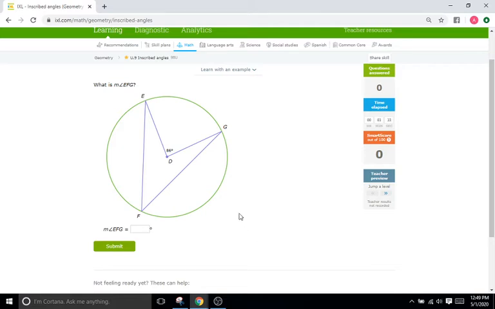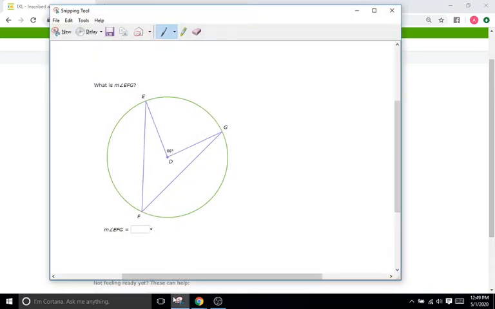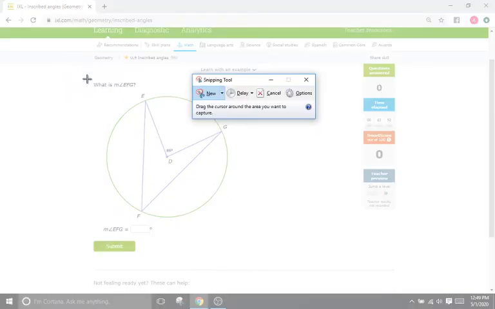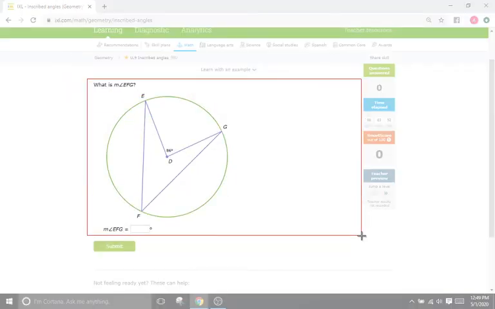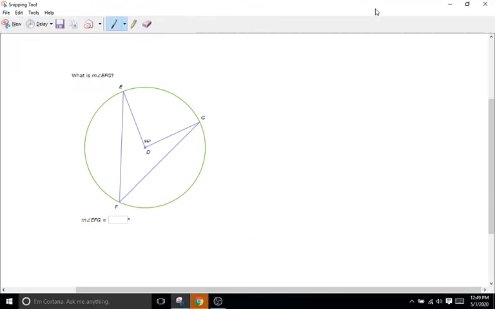They give us a circle, a series of chords, and a central angle. Remember, a central angle is just an angle placed at the center of a circle between two lines. Something I want to emphasize is these two lines are not chords. Let me get my notepad out. A chord is just a line where both endpoints lie on the edge of a circle.